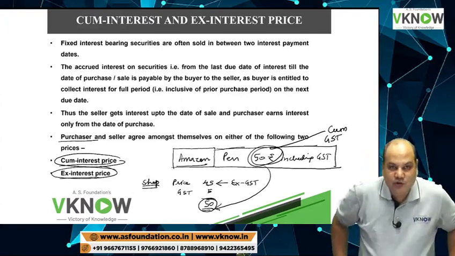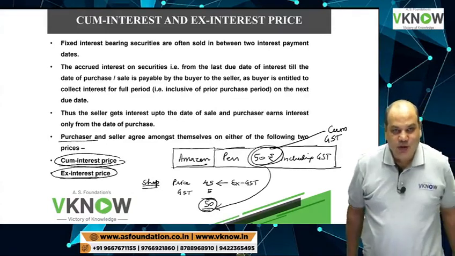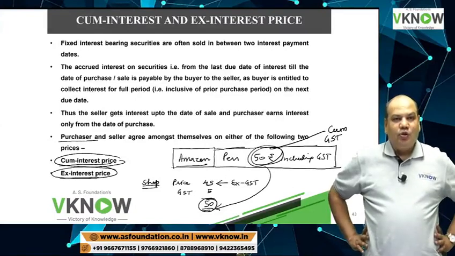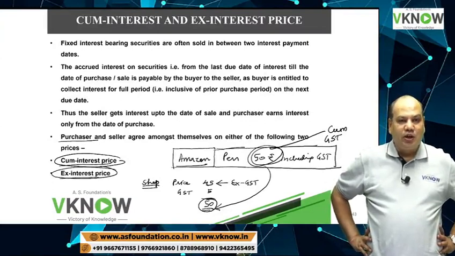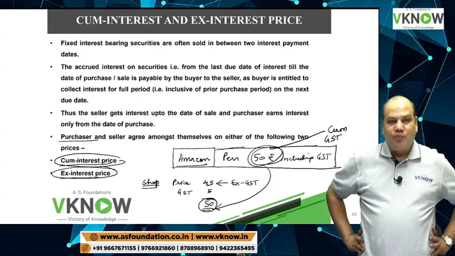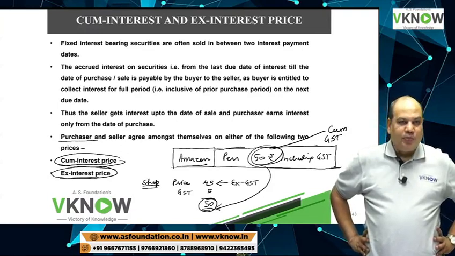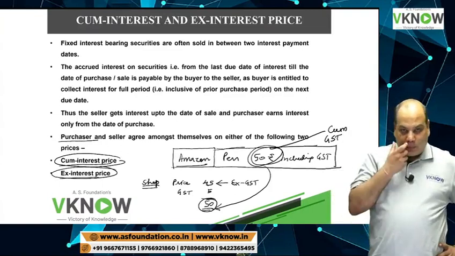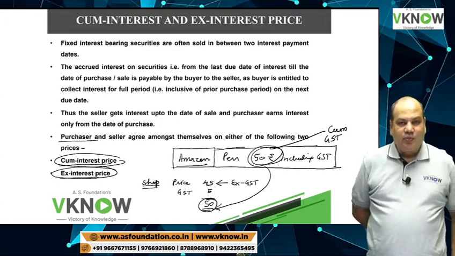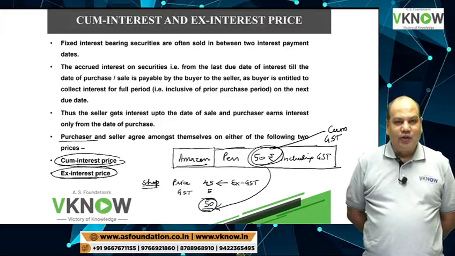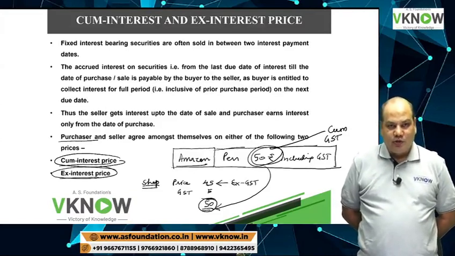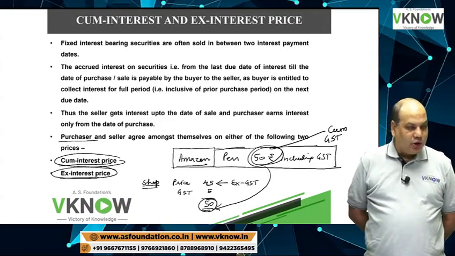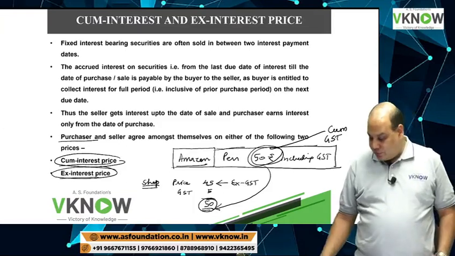Only how the price is quoted is different. Same logic applies in the bond and debenture market also. You are paying for the price plus interest accrued. If it is quoted cum-interest price, there is no need to pay interest separately. If it is quoted ex-interest price, there is a need to pay, or collect, interest separately. So that is the logic of cum-interest and ex-interest.